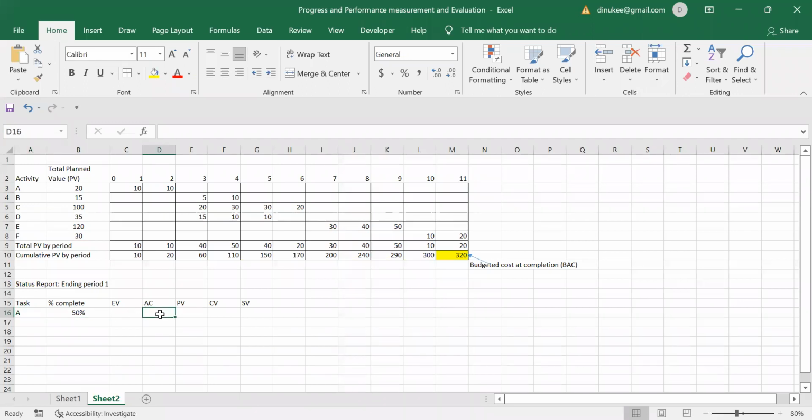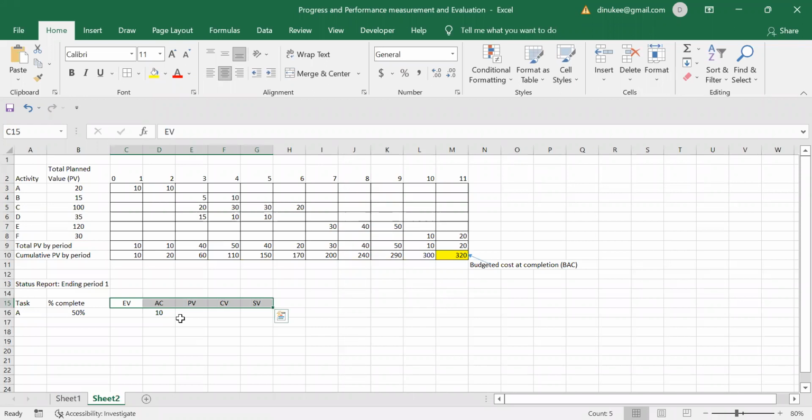And the actual cost is also here. In this question, I am assuming that it is 10, right? So this 10 is also given for you. So these are the given values in this question. And you are asked to calculate earned value, planned value, cost variance, and schedule variance, right? So these things you are asked to calculate, right?